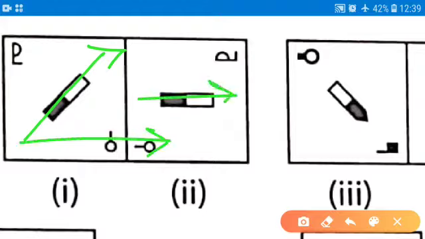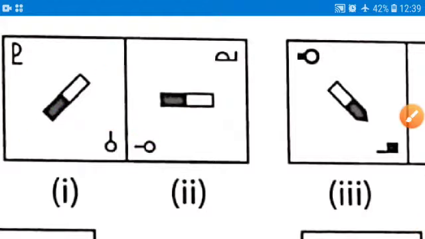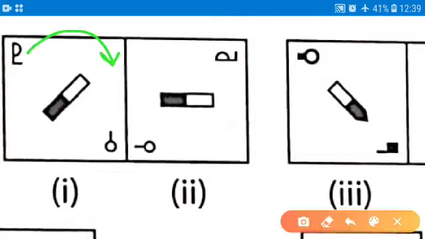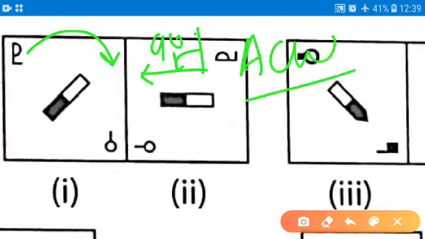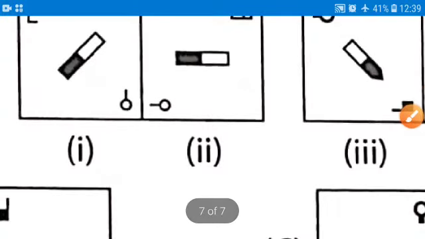Yes, it is a 45-degree rotation. And the left upward element is going towards the right-hand side, and it is rotating 90 degrees in the anti-clockwise direction.